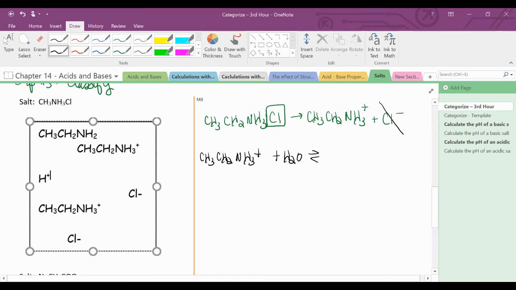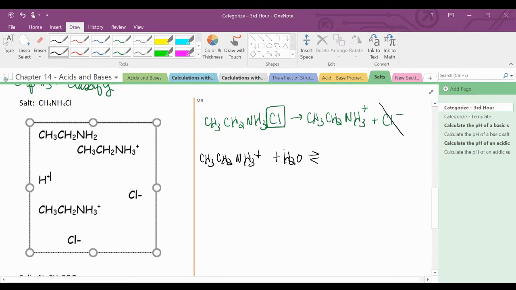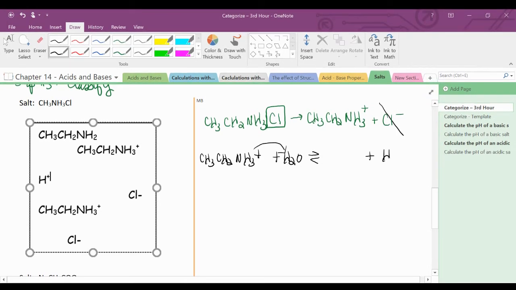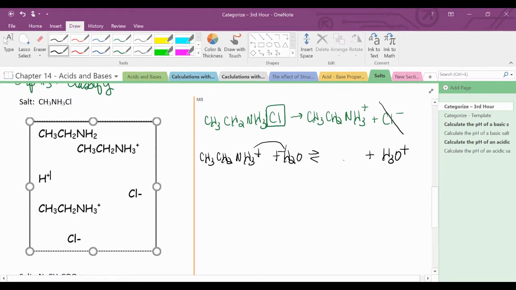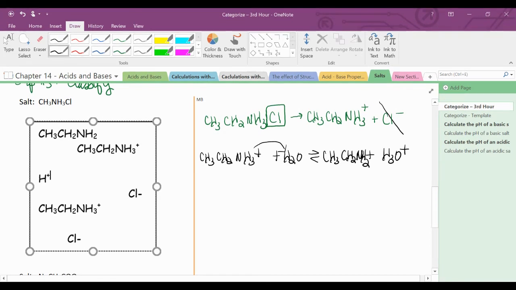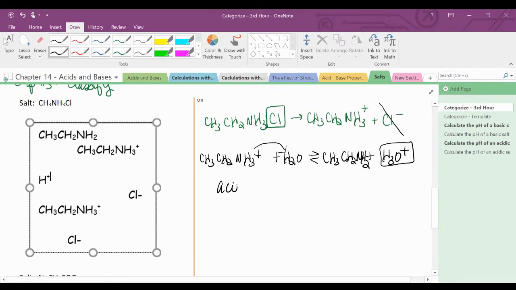And this cation has a +1, which means it has a hydrogen ion to give away. So we form the hydronium ion, and you're left with CH3CH2NH2. And so because we make this hydronium ion, this would be an acidic salt.